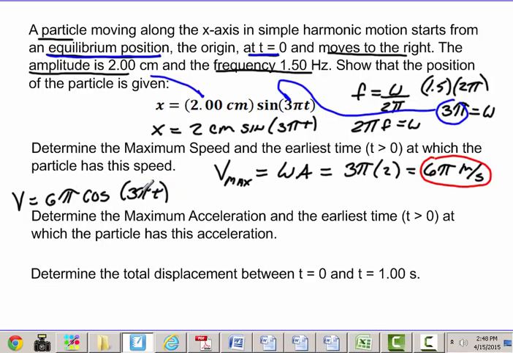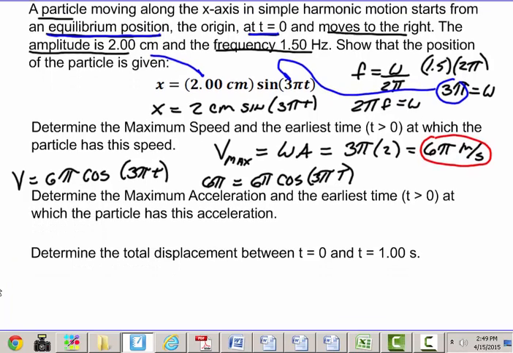We'll set the velocity equal to 6 pi. So when I do that, I get 6 pi is equal to 6 pi times the cosine of 3 pi times t. Divide both sides by 6 pi, that gives me the value of 1.